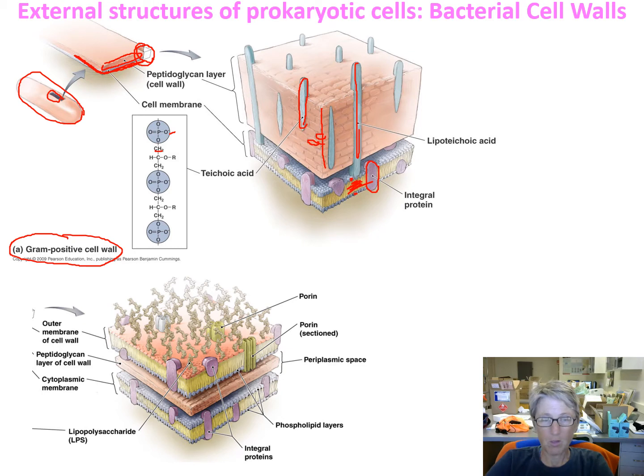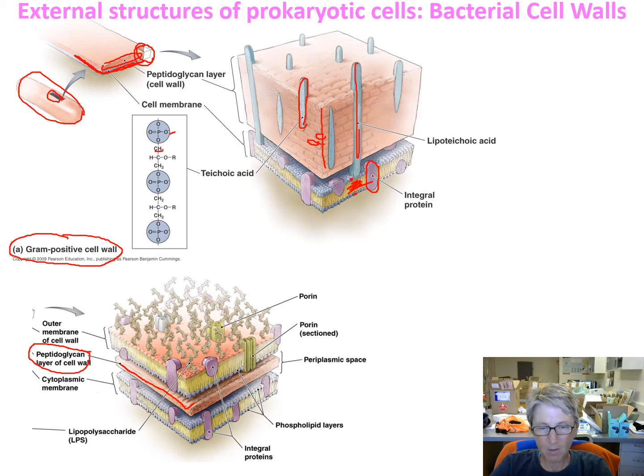This cartoon that I just popped on is a gram-negative bacteria. So this is the peptidoglycan layer of the cell wall, and you can see it's thinner than the peptidoglycan layer of the cell wall in a gram-positive cell.